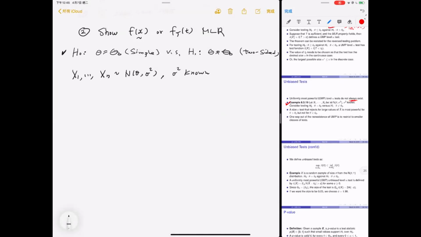More than likely, your critical region is going to look like this: x bar minus theta 0, divided by the standard deviation, bigger than some constant. Making sense? If your x bar is even bigger, you reject, or if x bar is smaller, you reject. It's a two-sided rejection.